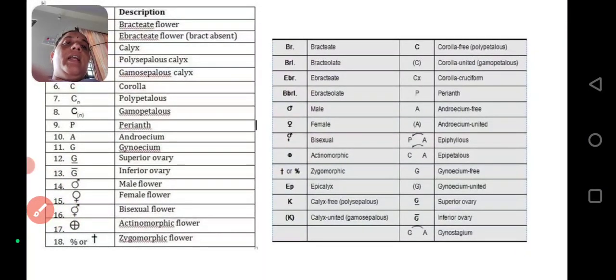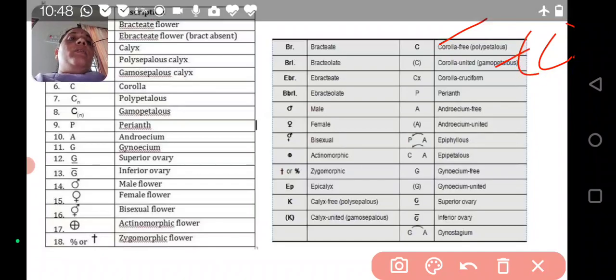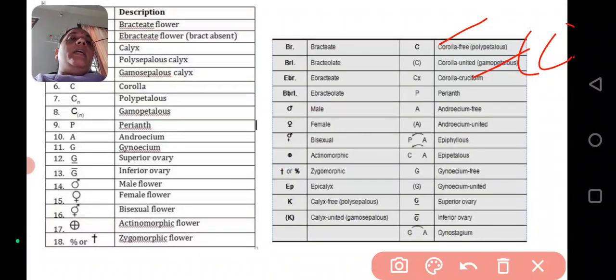Epicalyx. K for calyx free, K in brackets for calyx united. Next, corolla free means write C like this. Corolla united, put in brackets. Corolla cruciform, CX.